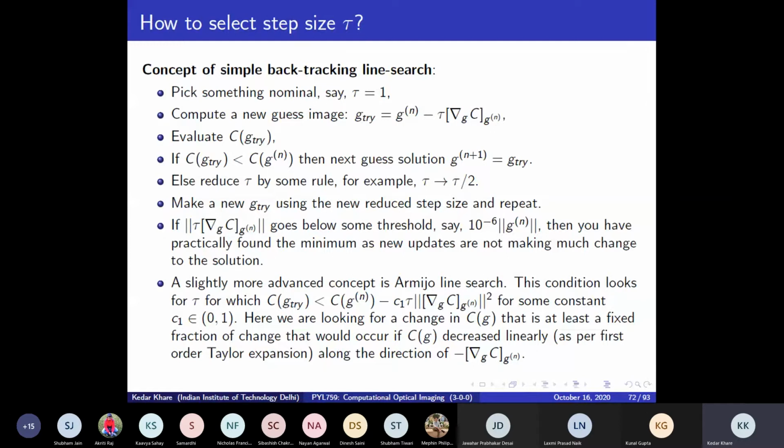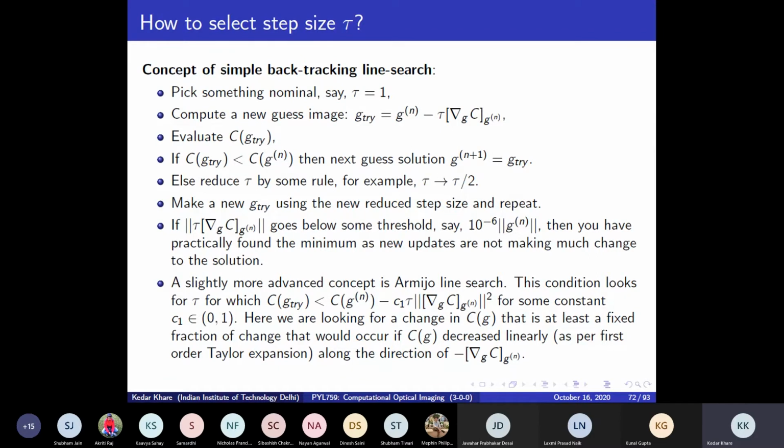And so what I want is that if I went in this direction, suppose I went to gtry and I put gtry inside C, then what will happen is I can do a Taylor expansion of C of gtry around C of gn, and that will give me this second term.